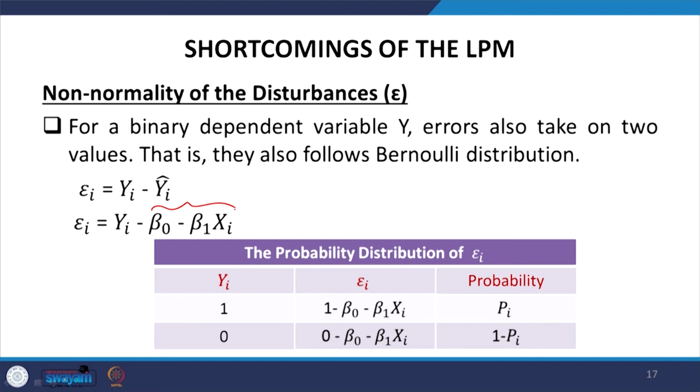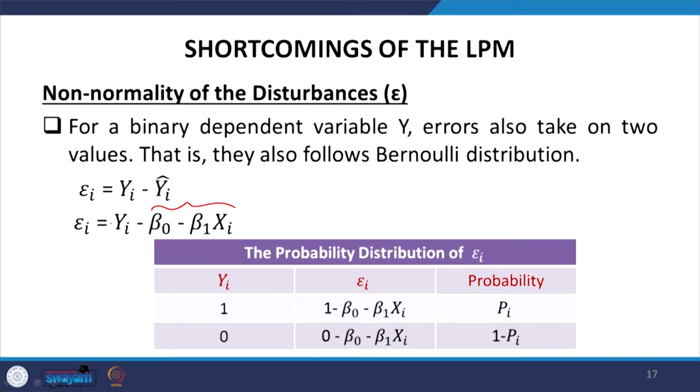Now, we know that yi only considers two values, that is 0 and 1. So, similarly our error term will also consist of two boundary points, that is 1 minus this or 0 minus this, with their probabilities, where pi is the probability of success and the other is the probability of failure.